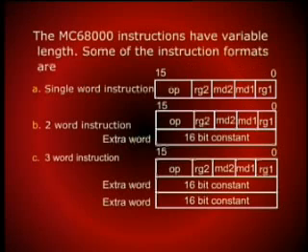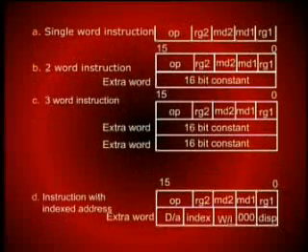The next one, we have 2 word instruction, and after the 16 bits we have another 16-bit constant with extra word. Similarly, the third type is a 3-word instruction followed by 2 16-bit constants. And the last one is the instruction with indexed address.